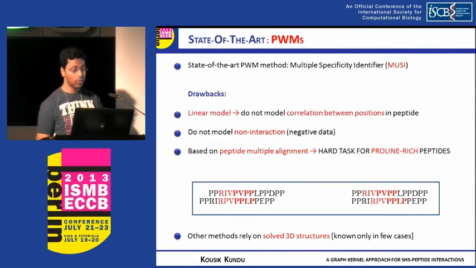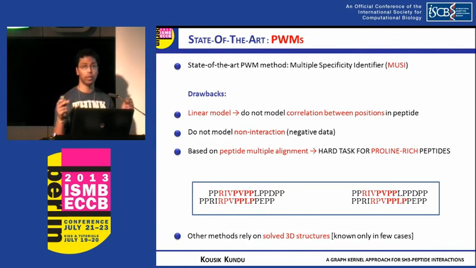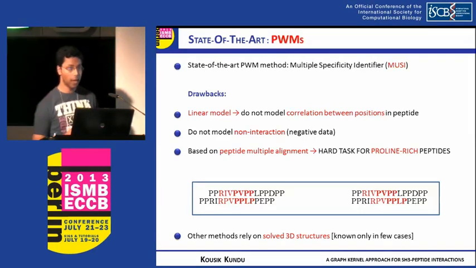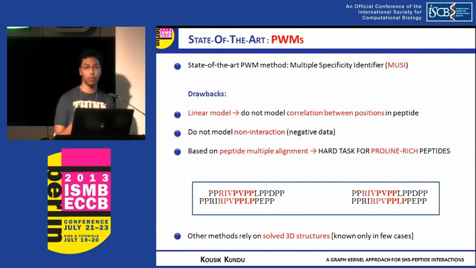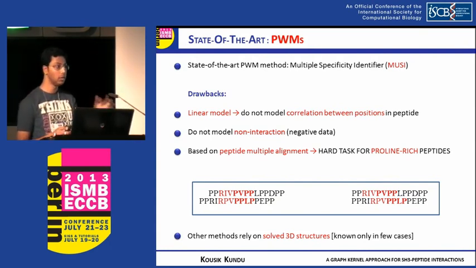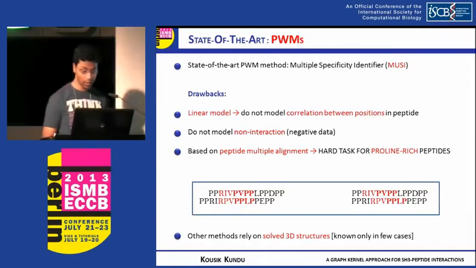They are linear models, which means they do not consider the correlation between amino acid positions. They also do not model non-interaction. These PWM approaches are only based on positive interactions, so they ignore the negative interactions.